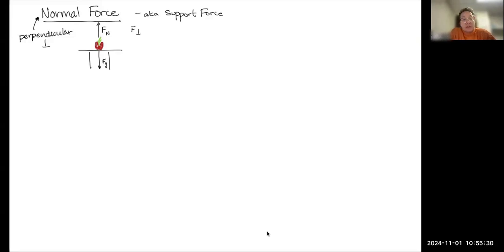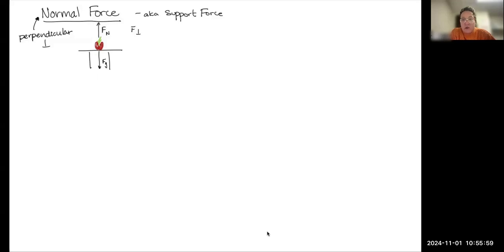So the normal force here is actually from the chemical bonds in the table. And those bonds don't want to be broken, which is what would need to happen for the apple to be able to fall through the table. So instead, what happens is that the table pushes up on the apple, and as a result, it supports the apple, which is why this is sometimes called the support force, rather than letting it fall.